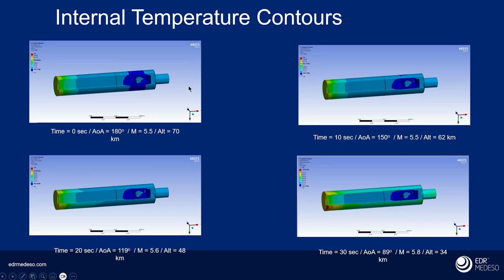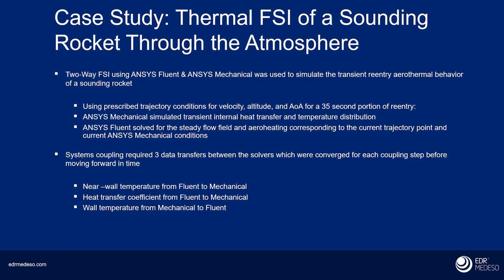This is the Ansys Mechanical analysis. So this is conducting a thermal analysis of the internal components based upon data that it's received from the CFD analysis. A nice simple example of how you can use CFD and combine that with structural thermal mechanics. So we use this to simulate a transient re-entry and look at aerothermal behavior.